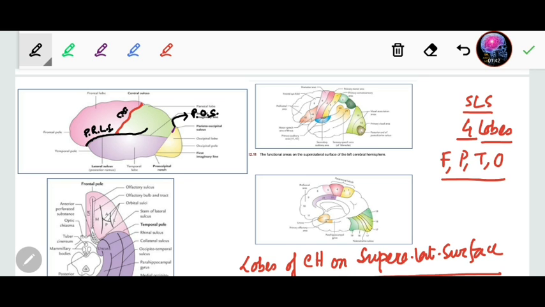Central sulcus, posterior ramus of lateral sulcus and parieto-occipital sulcus. These three sulci along with two imaginary lines. The first imaginary line is a line joining the parieto-occipital sulcus to the pre-occipital notch. This is the pre-occipital notch, in front of the occipital pole.